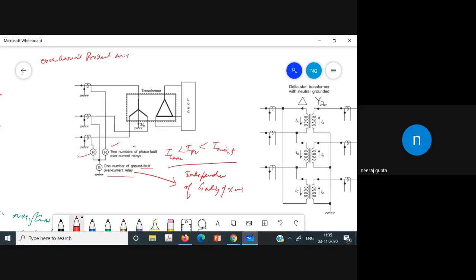Now, what is the application of this overcurrent protection in the case of a transformer? It is used for providing overcurrent protection for smaller transformers, and it will act as a backup protection for the bigger transformers.